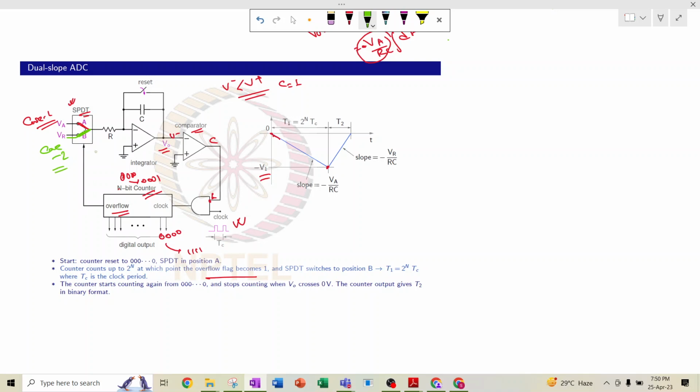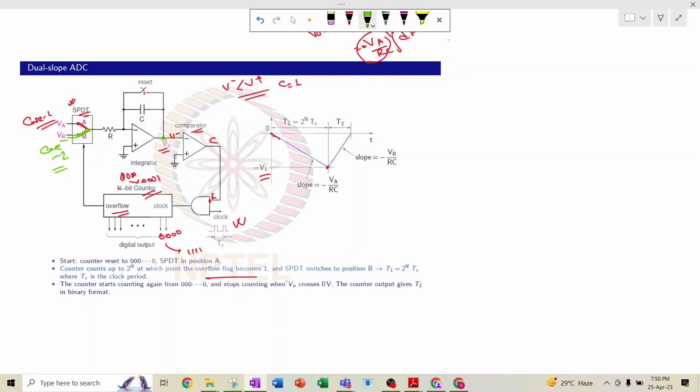Then it is connected to vr. Now vr is basically a negative value, and this output vo is some positive value. So this v minus, being a positive value, is always less than this.